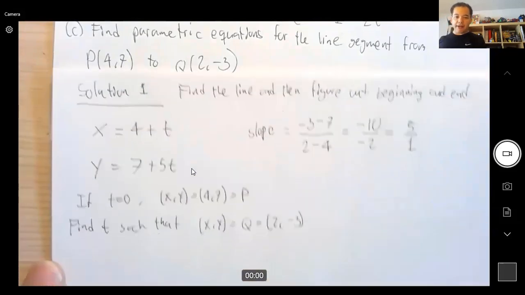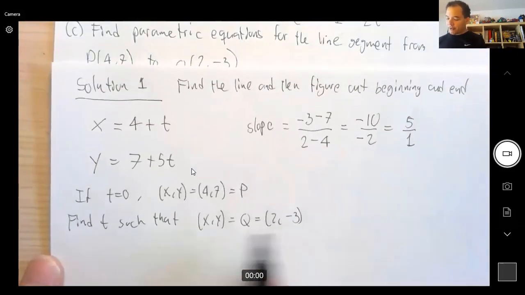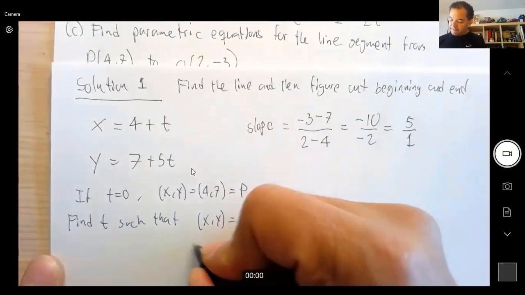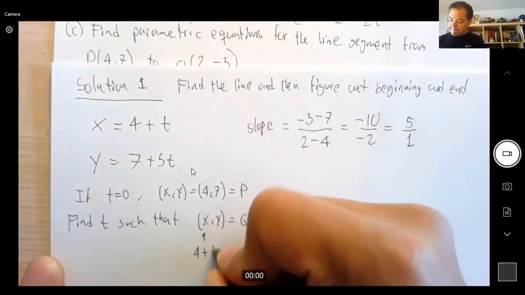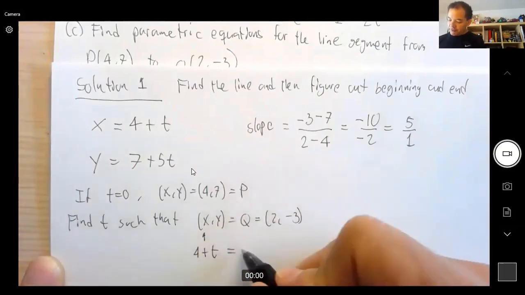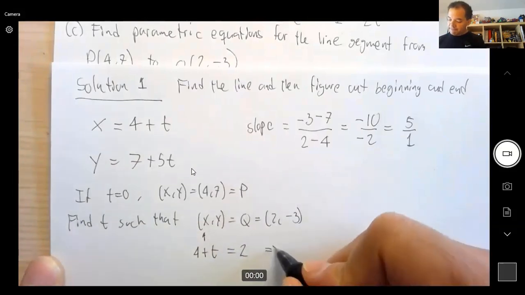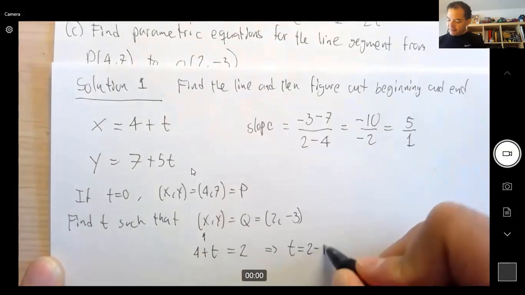And as a matter of fact, you don't need both equations. One of them will work. So you can use the x only. So the x is 4 plus t. And I want 4 plus t to be equal to 2. So then now I solve for t. So t is -2.